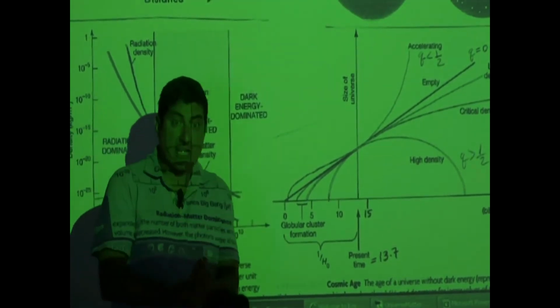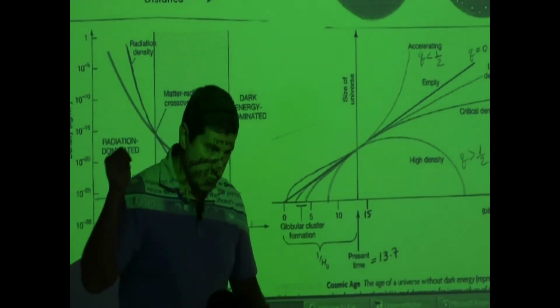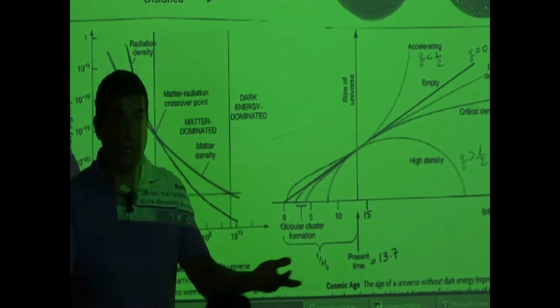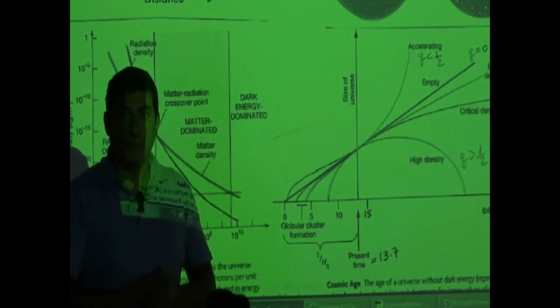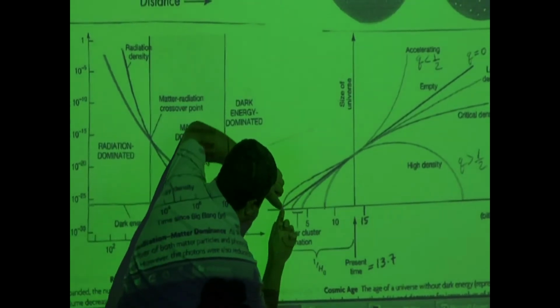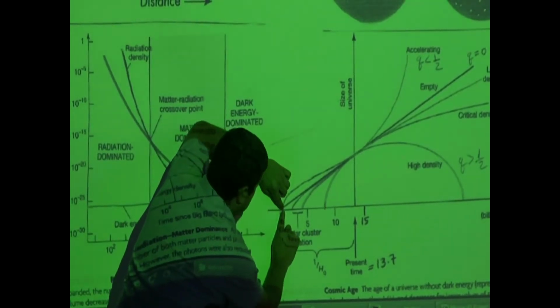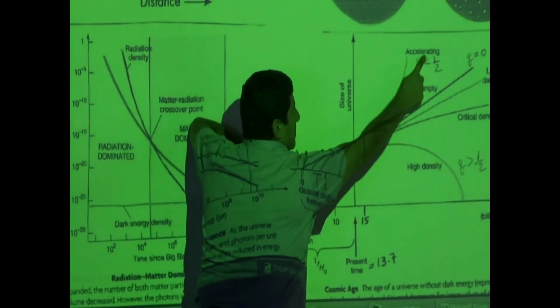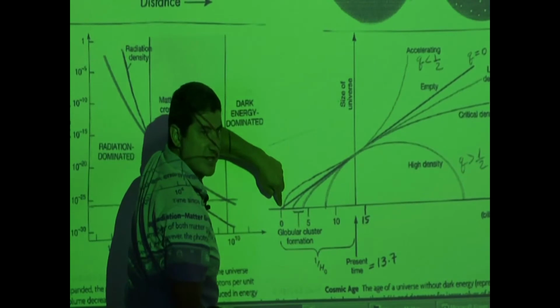So that's exactly what we have done. We find objects as old as possible, and we've found objects that were 13.4 billion years old. Okay, so you see, we found objects that are about this old. Well, according to that, which model is that? That's the accelerating model. You see?